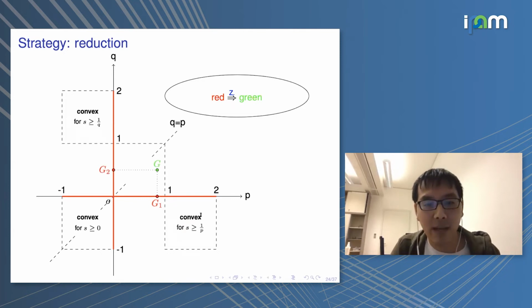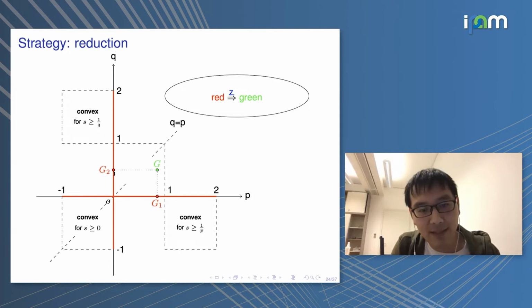We want to find the argument which allows us to reduce the problem of this green point G to the red points G1 and G2. So we want to find the argument such that the joint concavity of some function at the green point G can be deduced from the concavity of functions at red G1 and red G2.